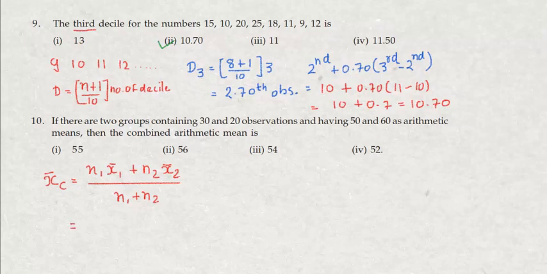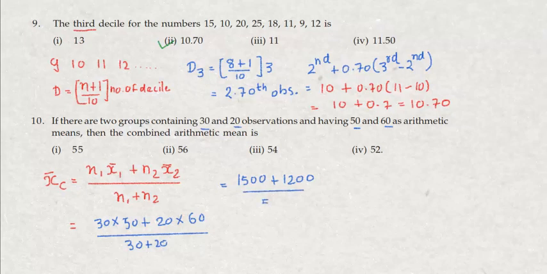n1 is given 30 here, so 30 into x bar 1, which is given 50 here, so 30 into 50 plus n2 is given 20 here, so 20 into x bar 2 is given 60 here, so 60, and we will divide this by total number of observations, which is 30 plus 20, which will be 50, is equal to 1500 plus 1200 divided by 50.